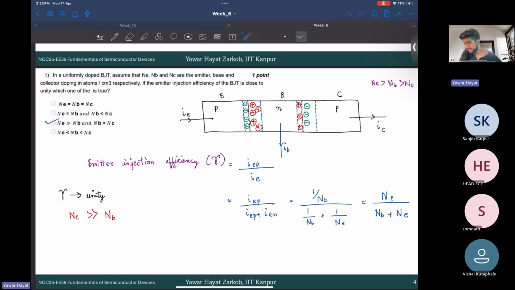Do this and let me know how we write this gamma in terms of this. So now, assuming that you can write this in terms of this, and this is unity, when will this be unity? It is when N_E is sufficiently greater than N_B, right? So this is the order it has to follow.